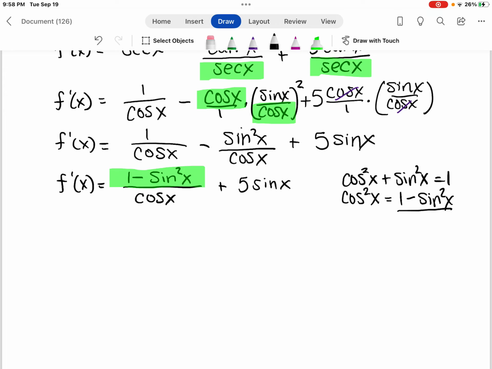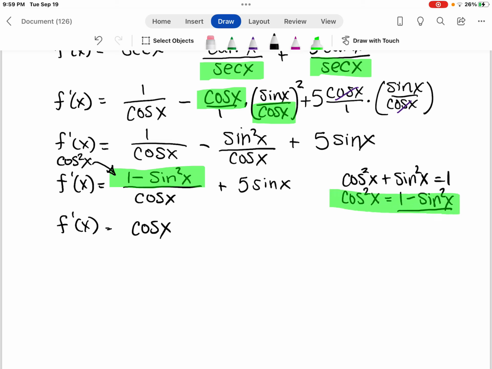And that's exactly what we have here in the numerator. So I'm going to replace 1 minus sine squared x with cosine squared. And so in the numerator, if I have cosine squared, and then in the denominator I have cosine, I can cancel 1 from the top and the bottom, and I'm left with just 1 cosine. So this right here that I just highlighted in green is equivalent to cosine squared x using our identity.